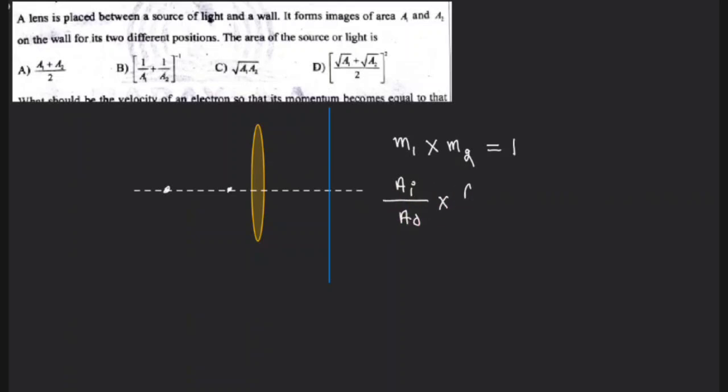Into, here also size of image by size of the object will be equal to 1. The size of the image can be written as A1 by A0, into A2 by A0, will be equal to 1. So therefore A1 A2 is equal to A naught square. Therefore this A naught is equal to under root of A1 A2, right? That is the answer for this one.